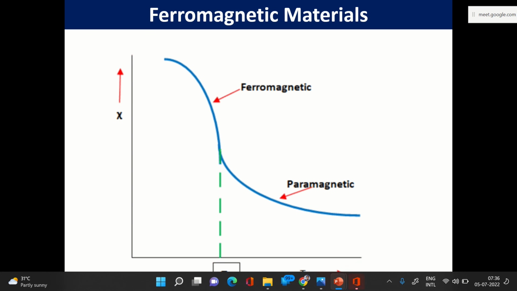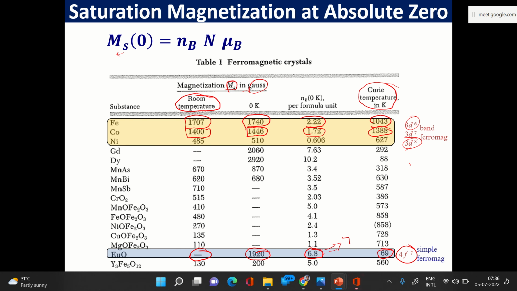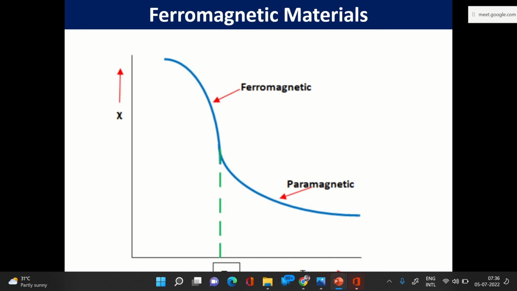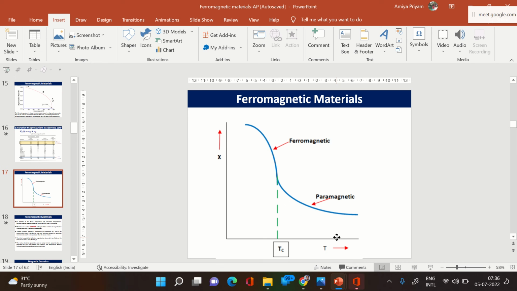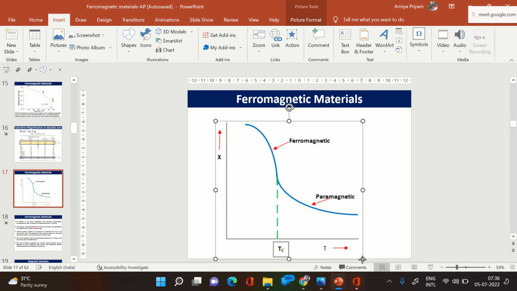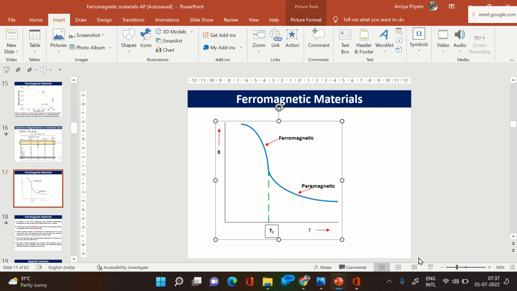We'll learn about that. What we have so far learned is that magnetization, saturation magnetization, becomes 0 at the Curie temperature. If you look at the same ferromagnetic material, we can also find what happens to the susceptibility as the temperature is increased.